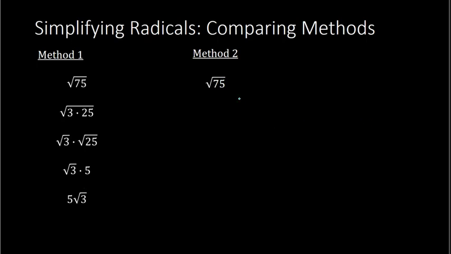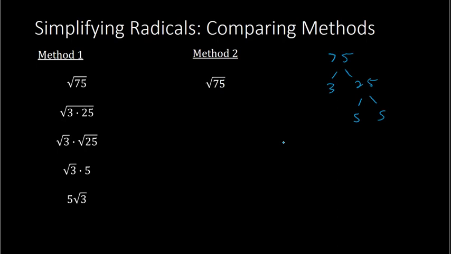Method 2. If you have the same radical, the square root of 75, I'd have to begin by factoring down so that it looks like the previous examples we saw in the other slides. So 75 is a product of 3 times 25, and 25 is a product of 5 times 5.